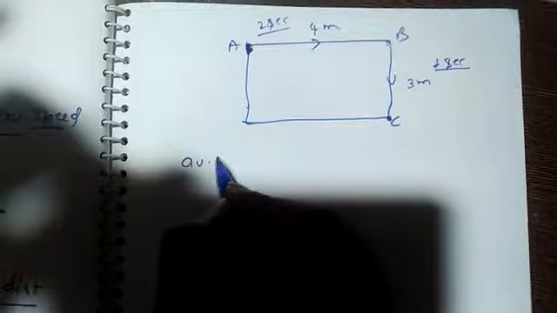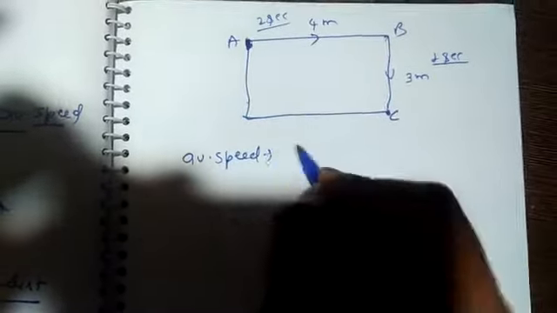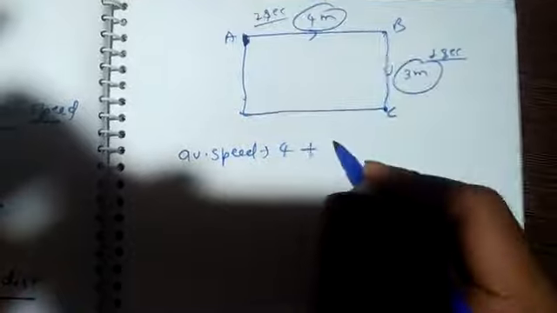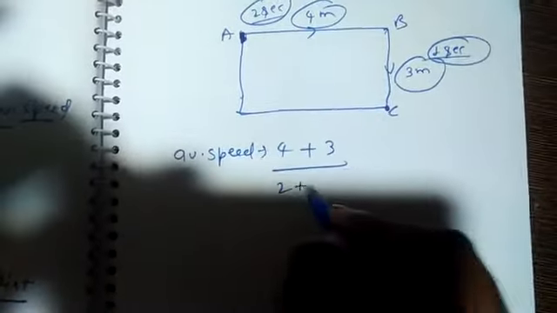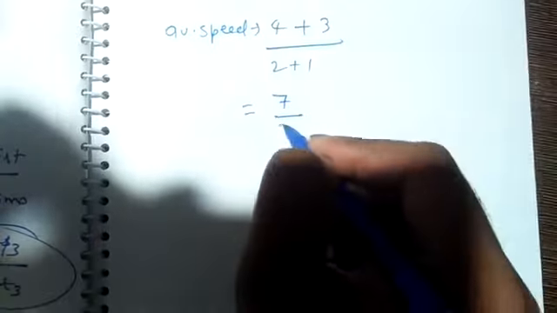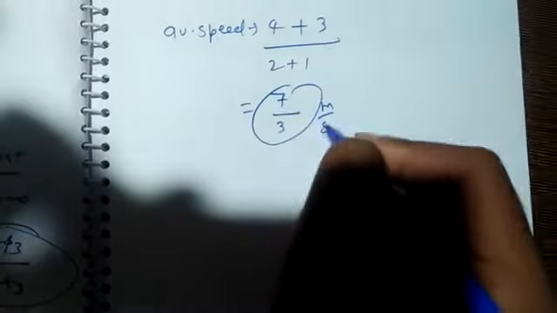Now average speed is total distance 4 plus 3 upon total time 2 plus 1, which is equal to 7 upon 3 meter per second.